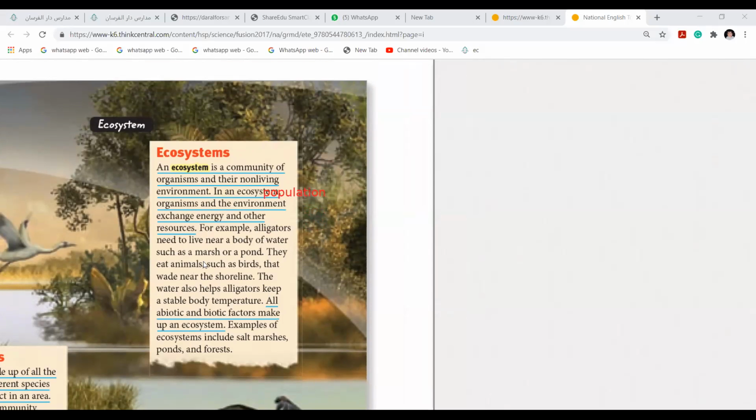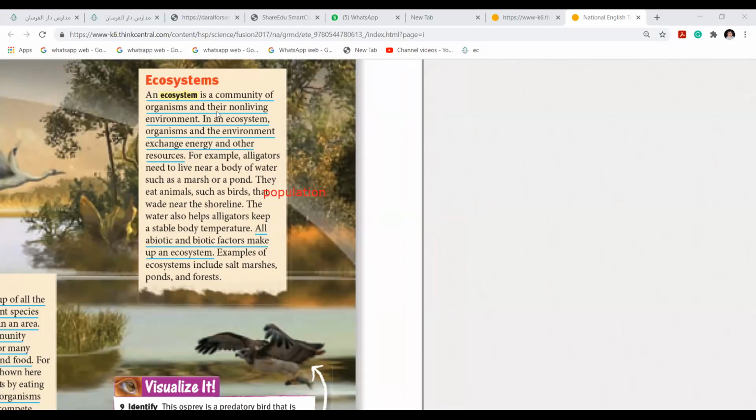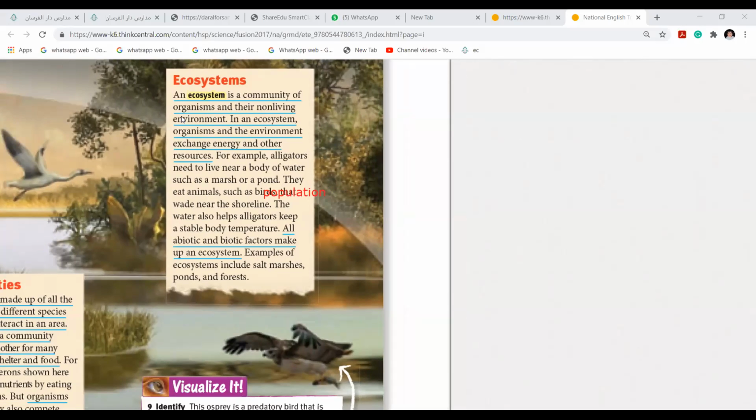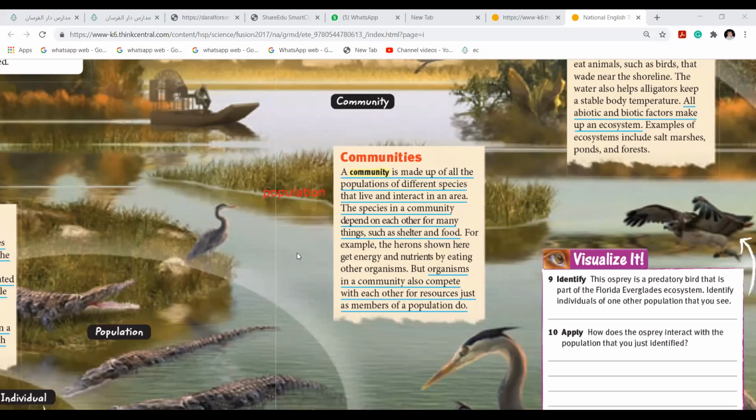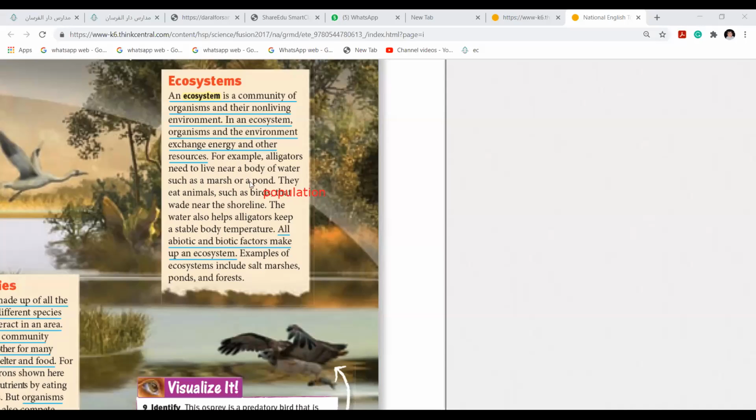And lastly here, what is an ecosystem? It's a community of organisms and their non-living environment. Not only organisms, even non-living things. But when I talk about population, it's a group of individuals of the same species that live in the same place. So an ecosystem is living and non-living.